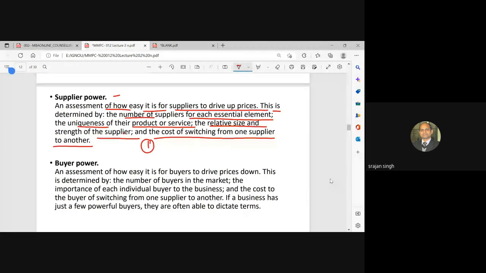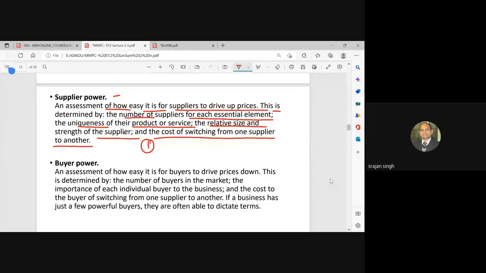Then that supplier will have good enough bargaining power, and can bargain with the business easily, right? If an alternative is available, then obviously the bargaining power of the supplier will be reduced a bit. So the relative size, the product or service, the essential element, the uniqueness of the product, and switching from one supplier to another, all these things constitute supplier power.